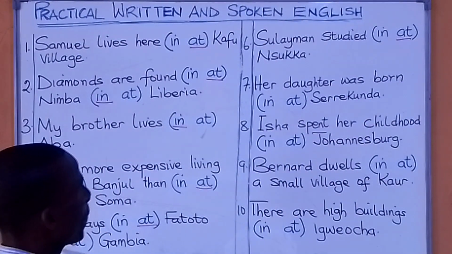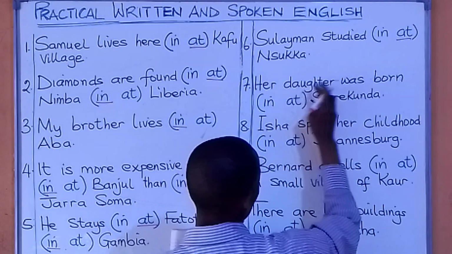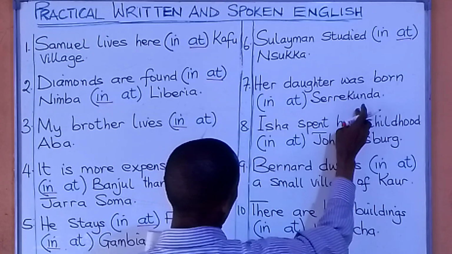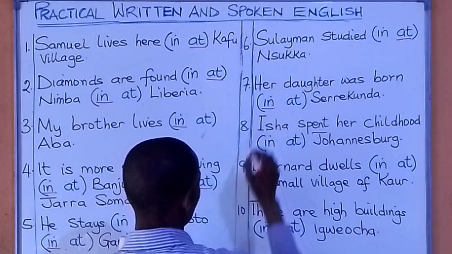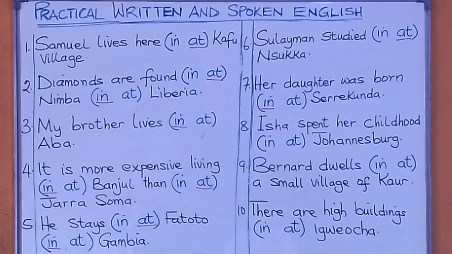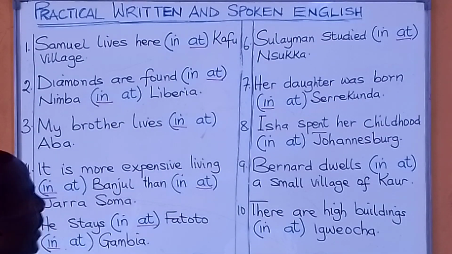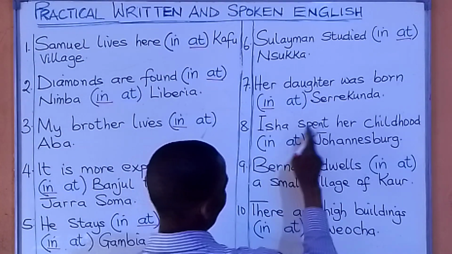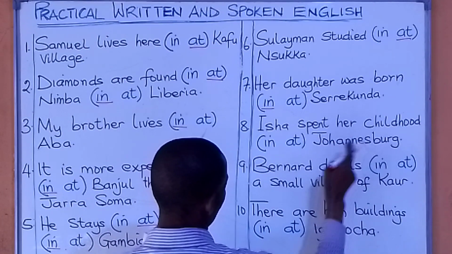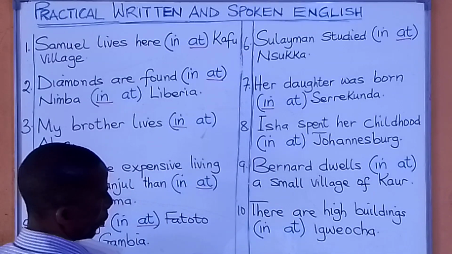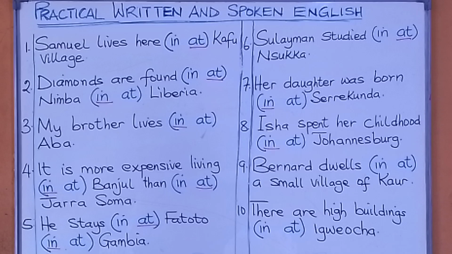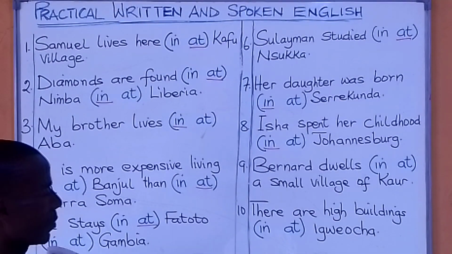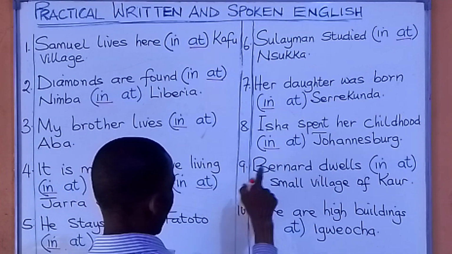Look at number 7. Her daughter was born in Serekunda, at Serekunda. What are we going to do? Her daughter was born in Serekunda. Look at number 8. Aisha spent her childhood in Johannesburg, at Johannesburg. What are we going to write? In Johannesburg, a big city in South Africa. Number 9.